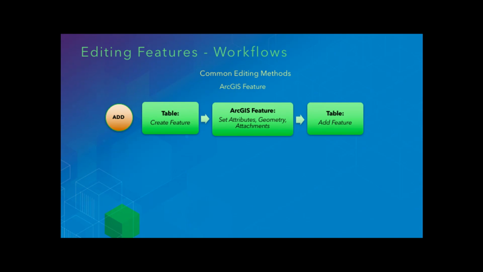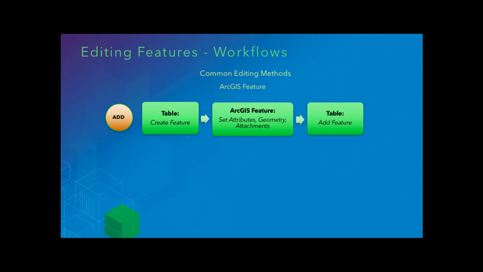But when it comes to actual editing workflows, it doesn't really matter whether your users are in online or disconnected mode. The methods are the same. So first, add operation. The text in bold represents the classes, and the text underneath them are the actual operations performed on those classes.